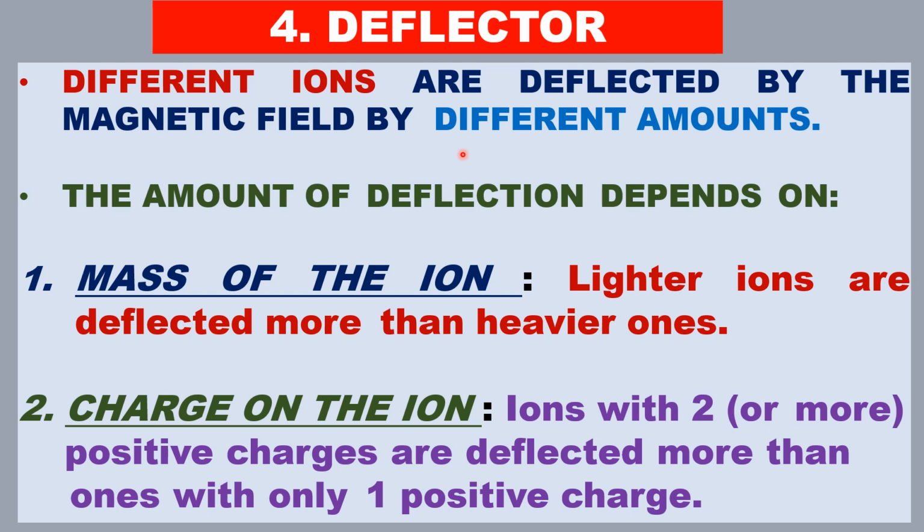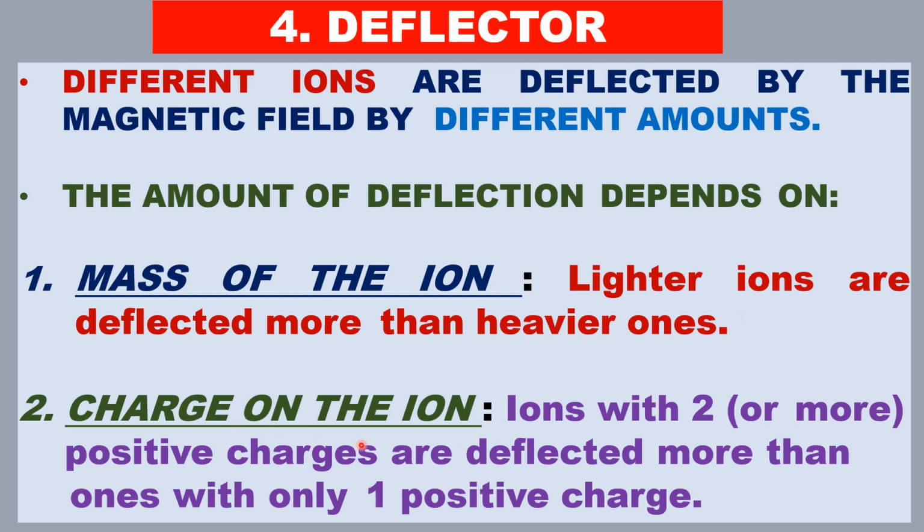The amount of deflection depends on the mass of the ion and the charge on the ion, so the m by z ratio. The lighter the ions, the more the deflection. So lighter ions are more deflected than the heavier ions.